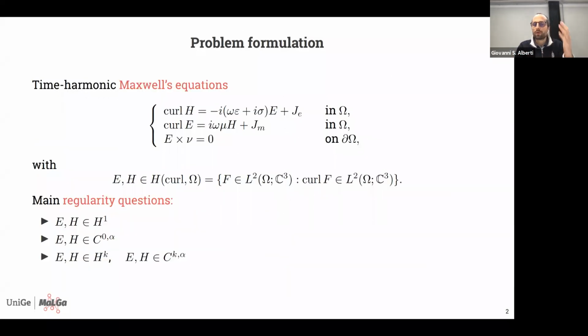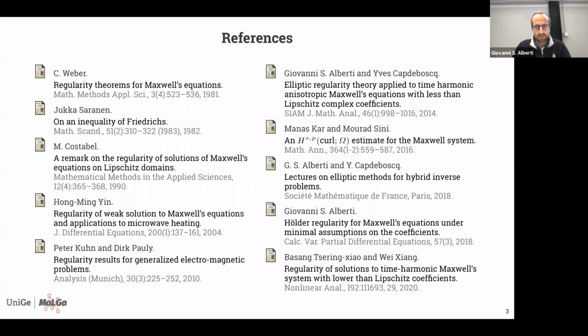And then, of course, one may also ask other additional questions, and I will mention some of them during my talk. I'll try to be as basic as possible, so I will just touch upon many of the results that you see in this list of references. To keep the presentation as direct as possible, I will avoid mentioning the specific points where I use this or that paper.